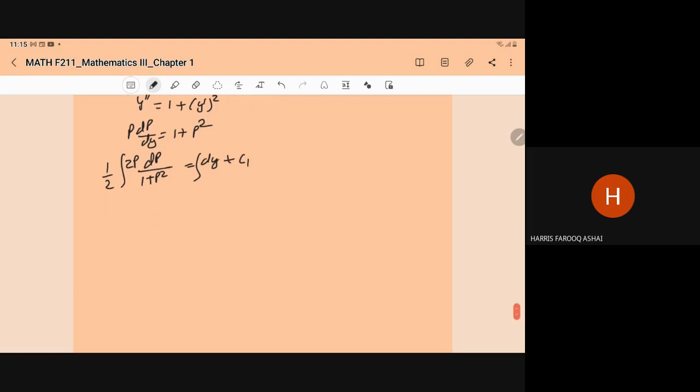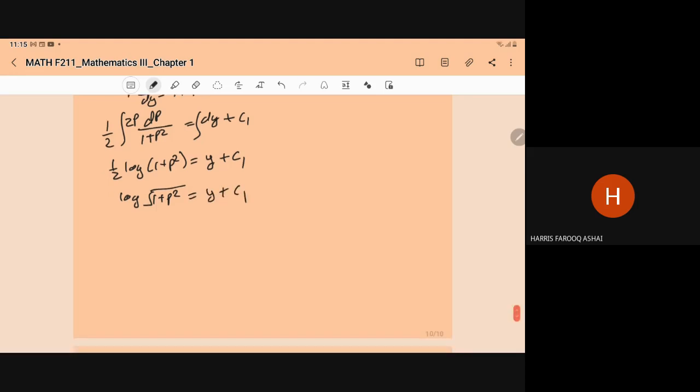So we can separate this. If you multiply with 2 and divide by 2 and integrate, here you will have the first constant of integration. So this can be written as half log of 1 plus p square is equal to y plus c1.